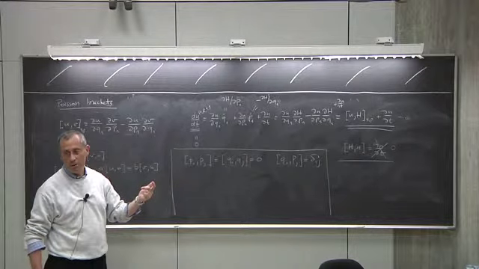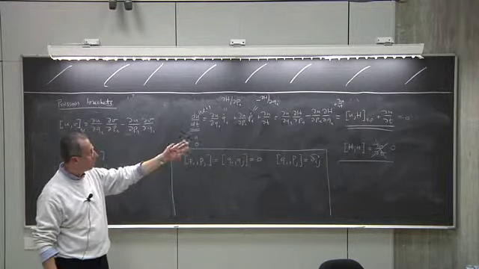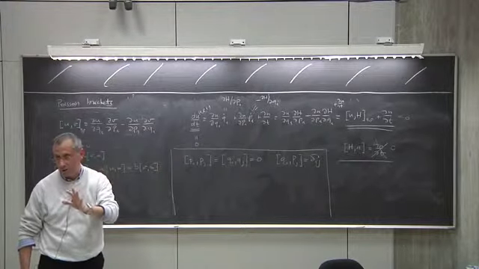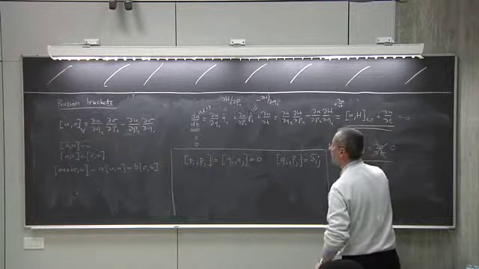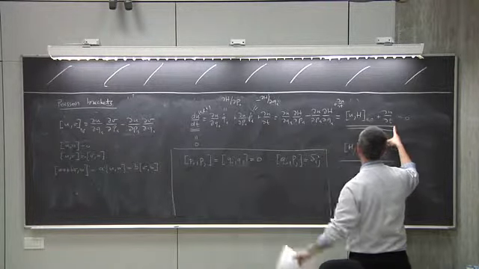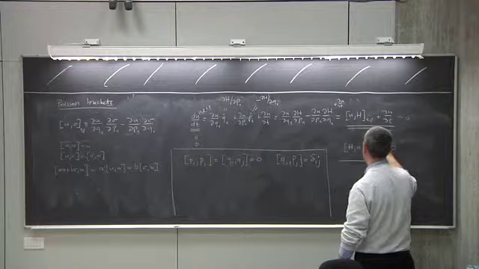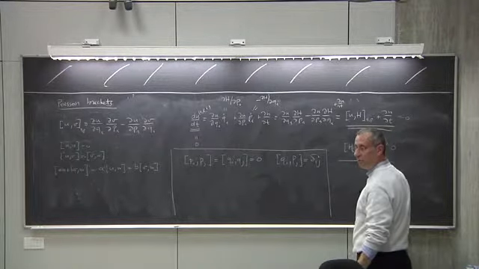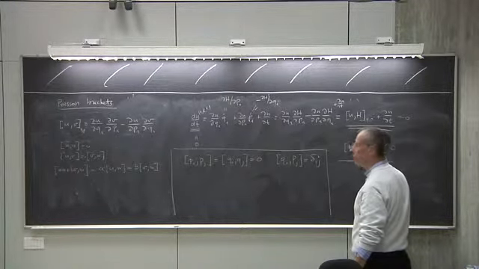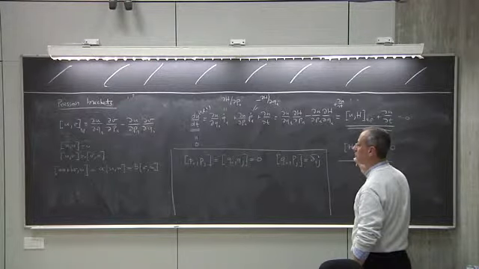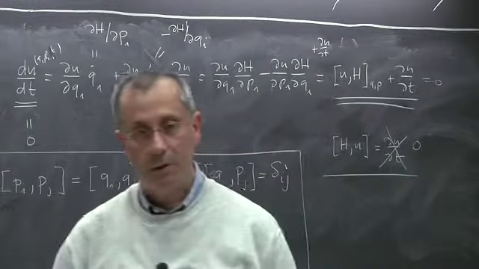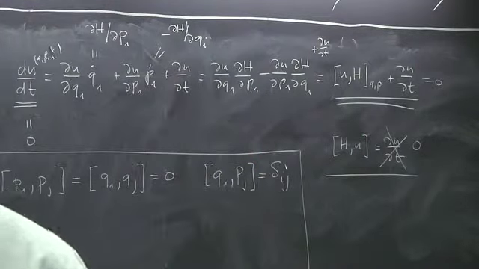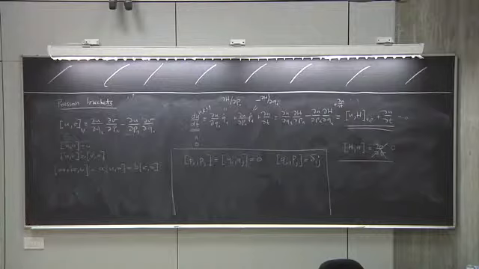If u depends explicitly on time t, then you have that partial derivative that is not zero.